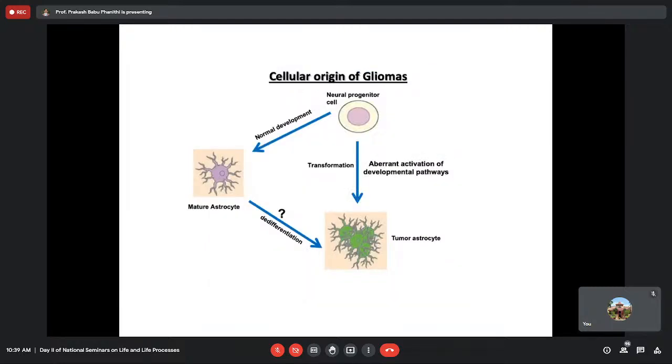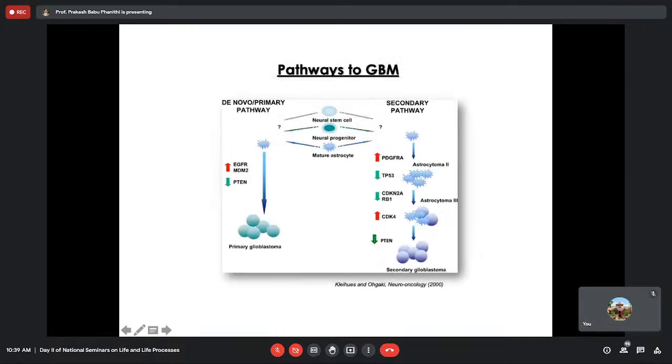The cellular origin of the glioma begins with a neuronal progenitor cell. From the progenitor cell, it comes as the mature astrocyte. These astrocytes divide to give rise to different cells, but here it transforms during differentiation and gives rise to the tumor astrocytes. Now there are two pathways we can see.